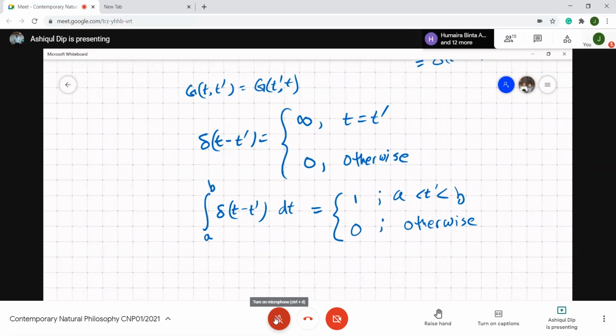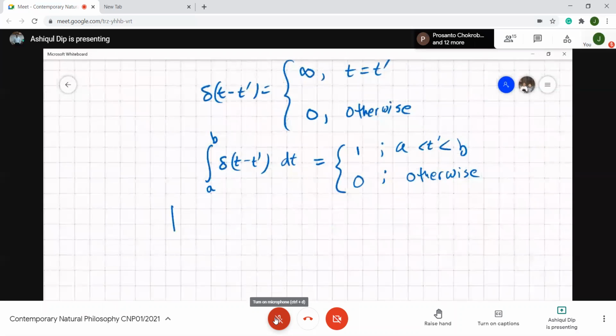So it means the delta function doesn't only have an infinite amplitude at that t prime point and 0 otherwise, but it also has another property: it has an area exactly equal to 1. So you can think of it as an approximation to a Gaussian curve or like that. At the t prime point you have a sequence of functions.